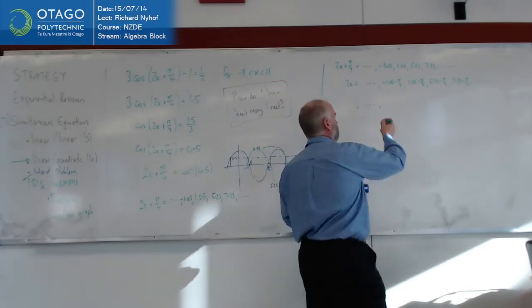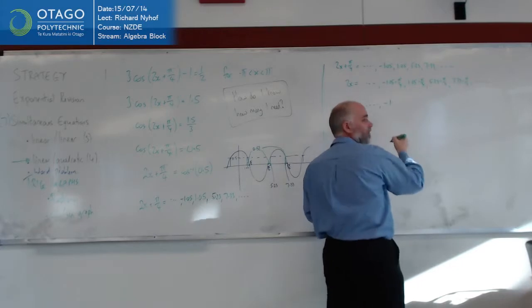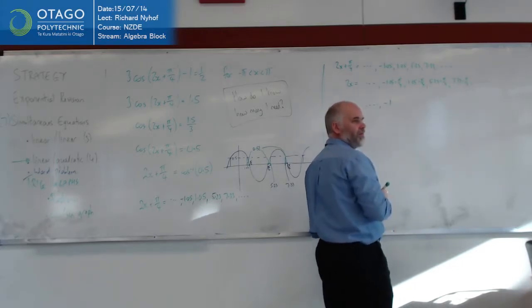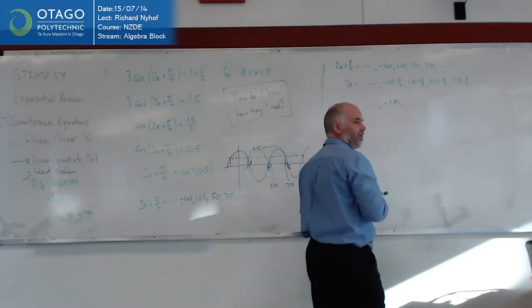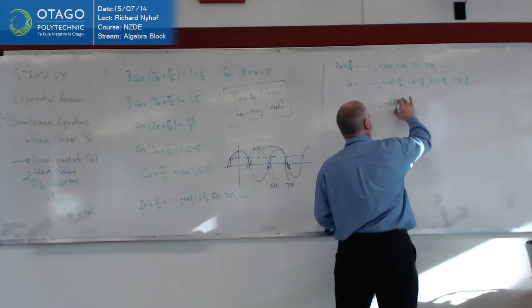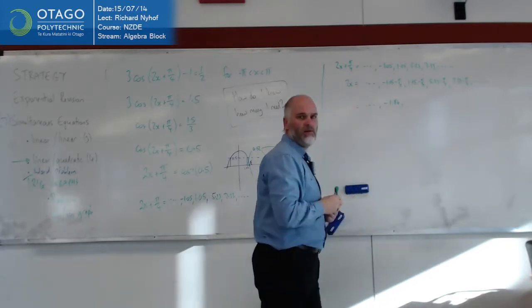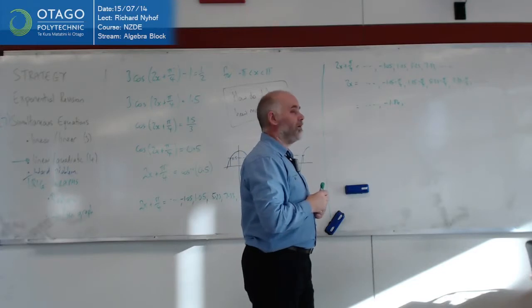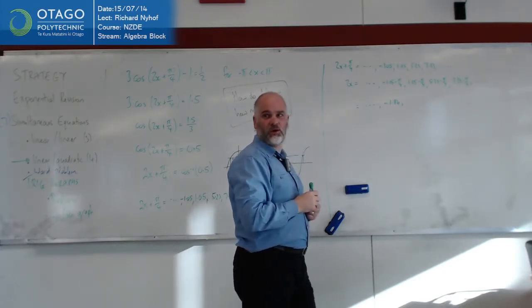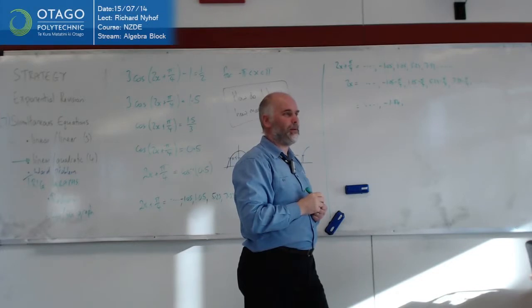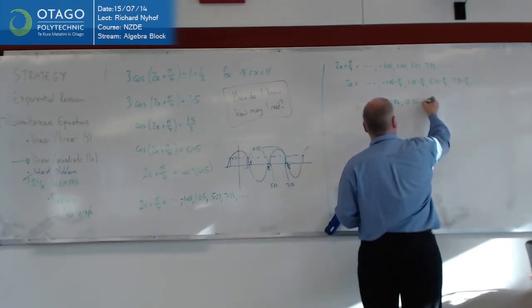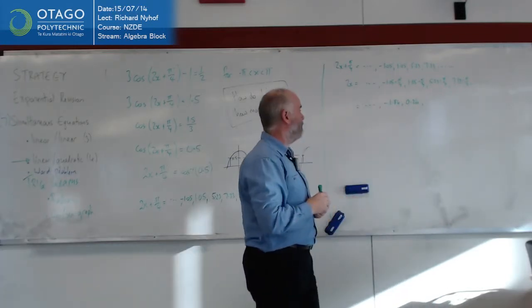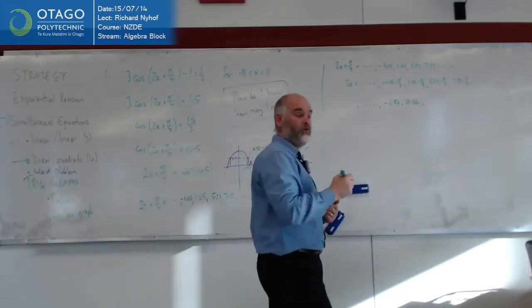What's the first one, Jaden? You look like you've got it. Negative 1.83. Beautiful. 1.84. We've got some rounding going on there. Next one, who's got the next one going? 0.26. 4.44.